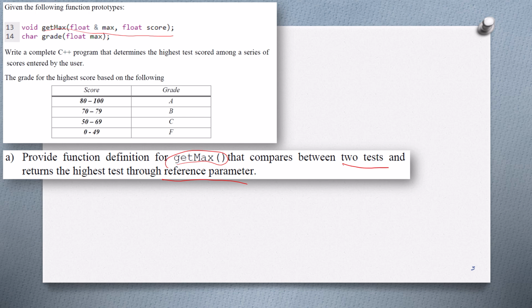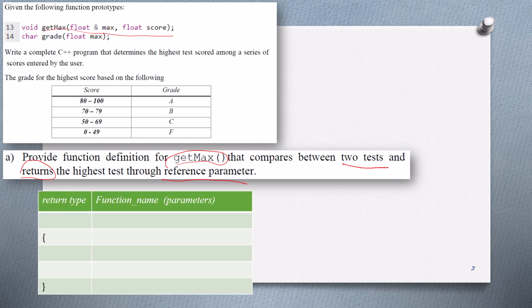So in here, you see you have the keyword returns. In this case, this is the skeleton of the function, where you have the function name getMax, the parameters, and then the return type. Why is the return type of type void?